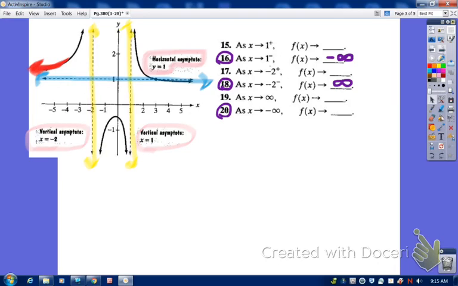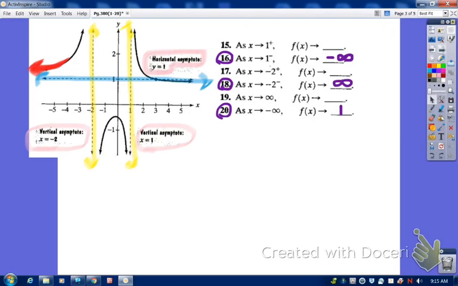Is that piece pointing straight up or straight down? No. It's approaching that blue horizontal line, which has y values of 1. So as x approaches negative infinity, your f of x values are approaching the y value of 1.